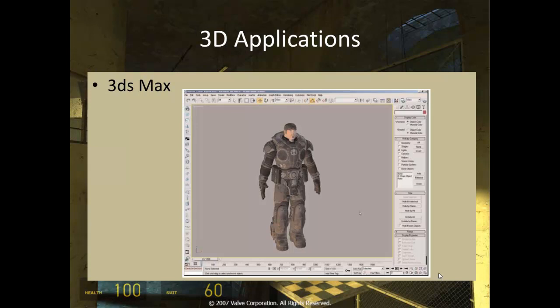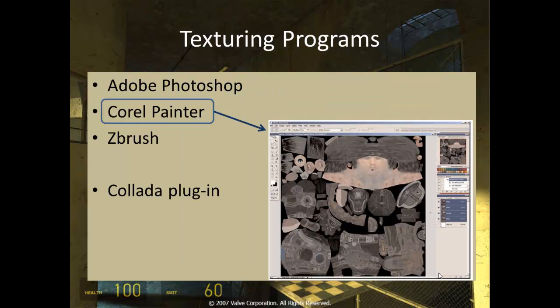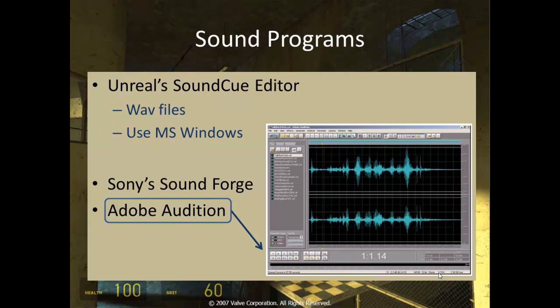Later on, we will see that we can use three-dimensional assets created with 3ds Max. This is an example of an asset created in 3ds Max, and a screenshot of 3ds Max creating a character here. And of course, two-dimensional picture manipulation tools such as Adobe Photoshop, Corel Painter that you see a picture of here, ZBrush, which is a really new and cool tool to create and manipulate two-dimensional images for the textures, and the Collada plugin that you could use to create those images and apply them as textures.